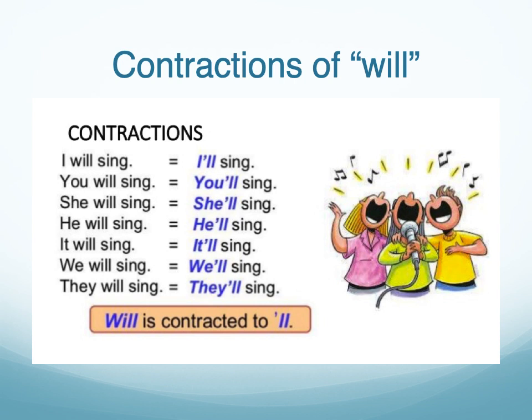Just pay attention to the pronunciation because it can be a little tricky. So we have I'll sing, you'll sing, she'll sing, he'll sing, it'll sing, we'll sing, and they'll sing.